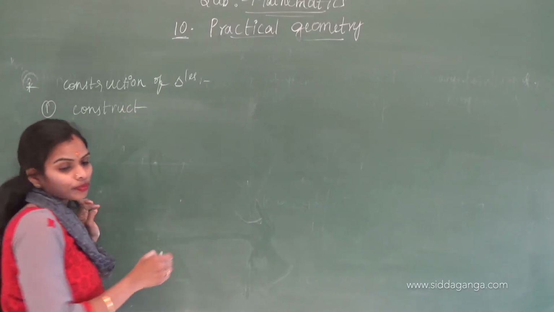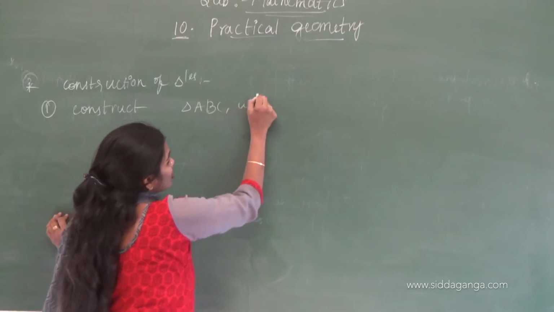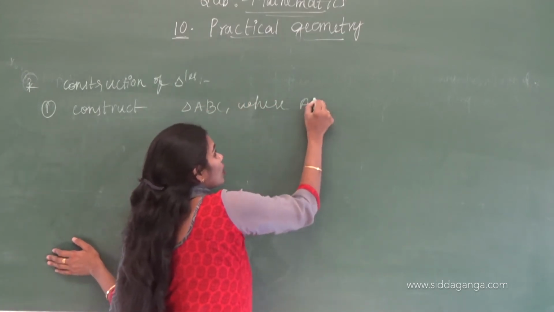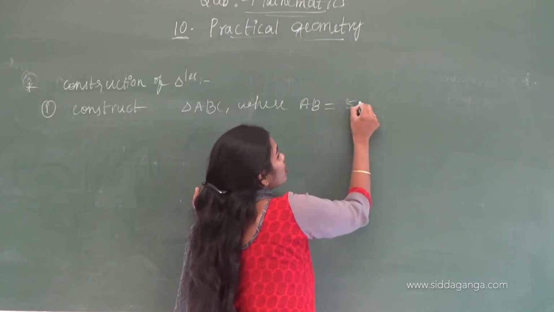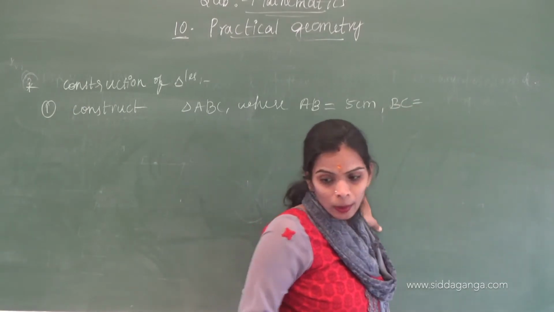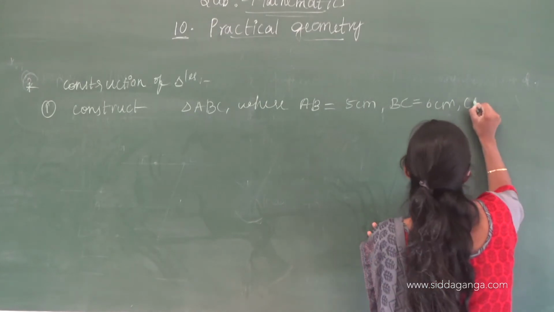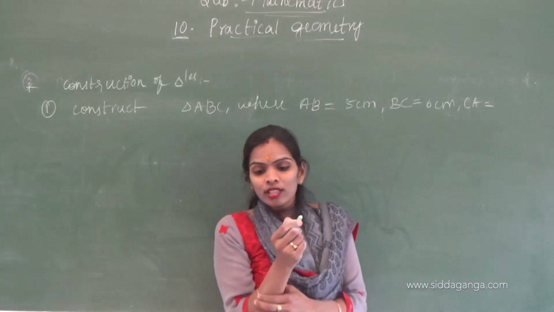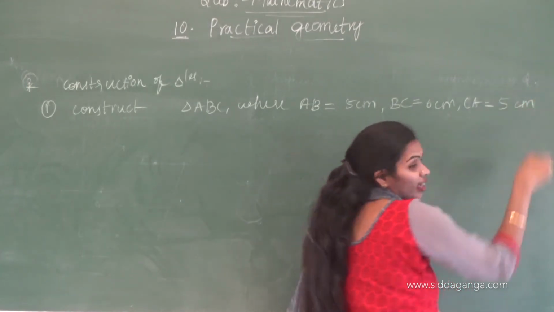Construct triangle ABC where the measurements given are AB equals 5 centimeters, BC equals 6 centimeters, CA equals 5 centimeters.